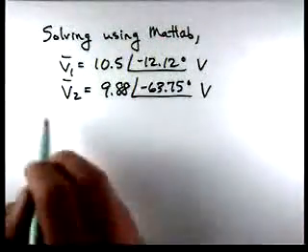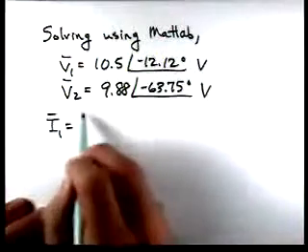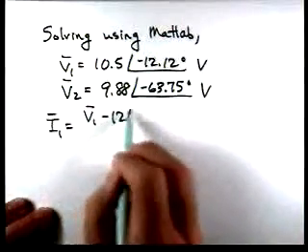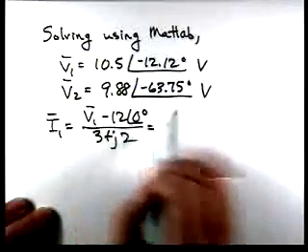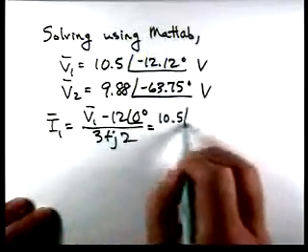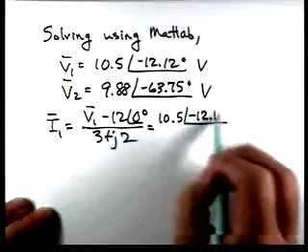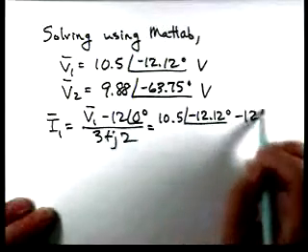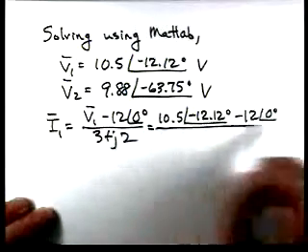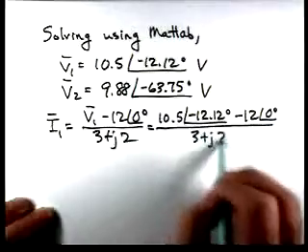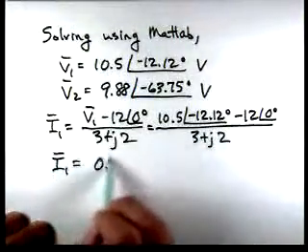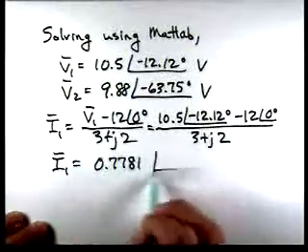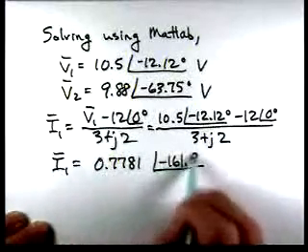So then I1, which is V1 minus 12 at an angle of 0 divided by 3 plus J2, we have 10.5 at an angle of minus 12.12 minus 12 at an angle of 0 over 3 plus J2. That gives us I1 is 0.7781 at an angle of minus 161.9 degrees.